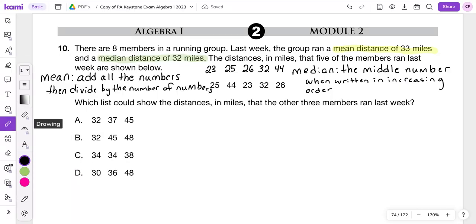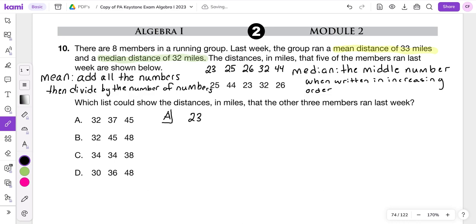Let's check Part A first. If I include Part A's data with our original data, we would still have the 23 coming first.